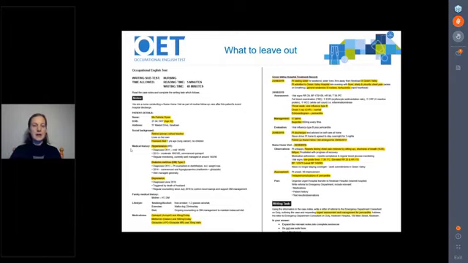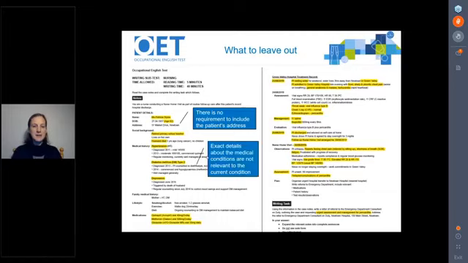So the blank parts of the case notes are what have been omitted from this sample test. These include the patient's address, because there's no requirement for you to include the patient's address in your letter for OET writing. Some details about the patient's medical history have also been omitted.